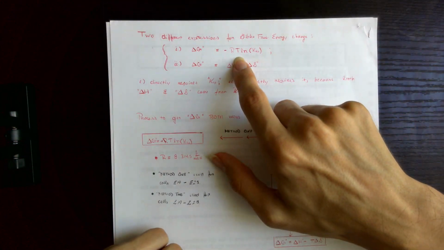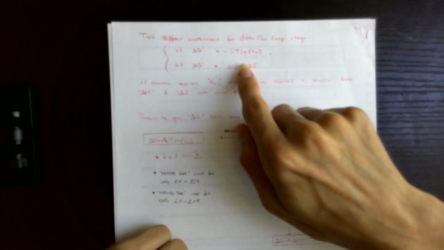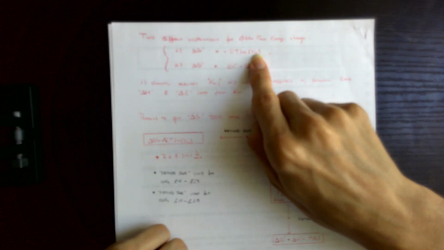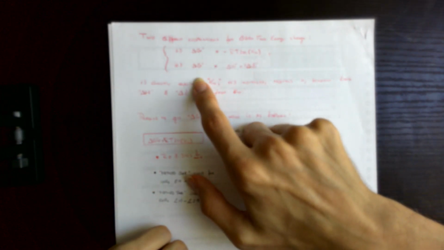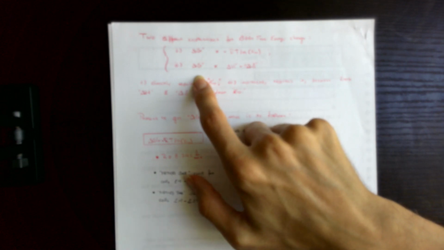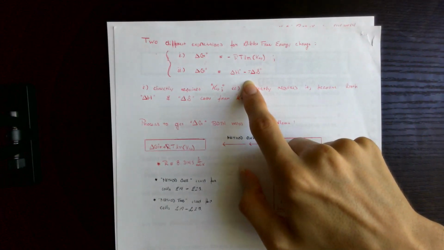The thing to understand here is that equation 1, delta G comes directly from KSP. With equation 2, it's not quite the same. Equation 2 still comes from KSP, but KSP isn't formally written in this equation.